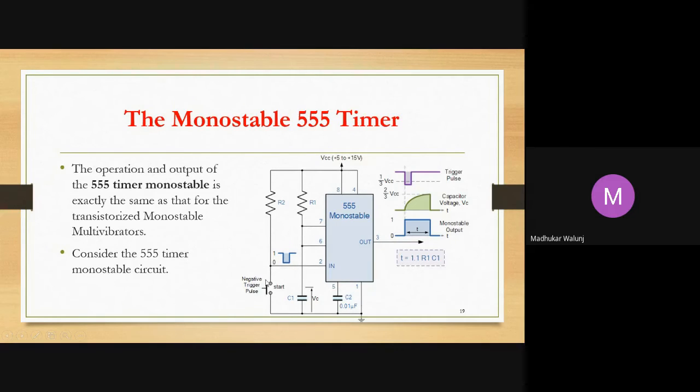That's why we call it a negative trigger pulse. It is going from logic 1 to logic 0. And if we release the switch, it gets back to logic 1. So this is the connection for pin number 2, which will provide the trigger.